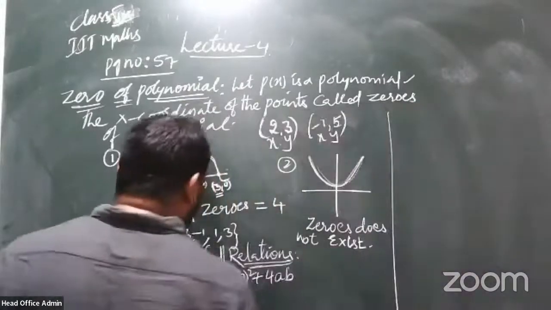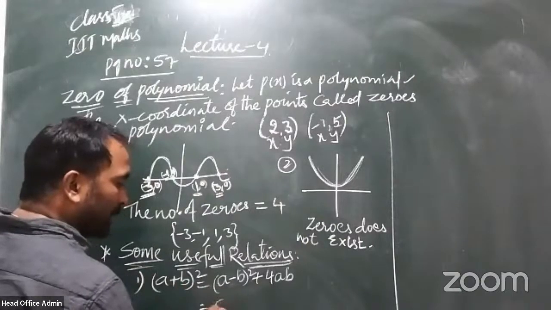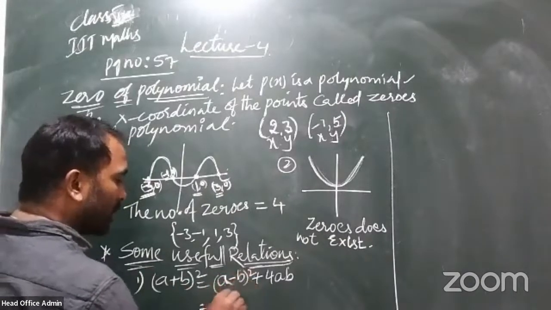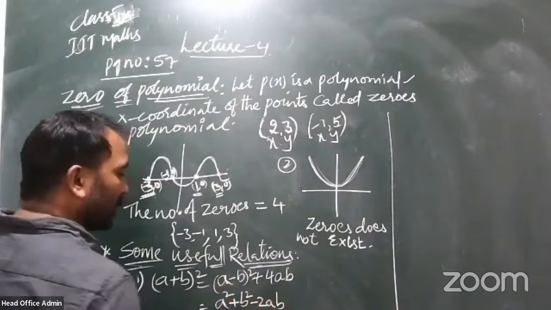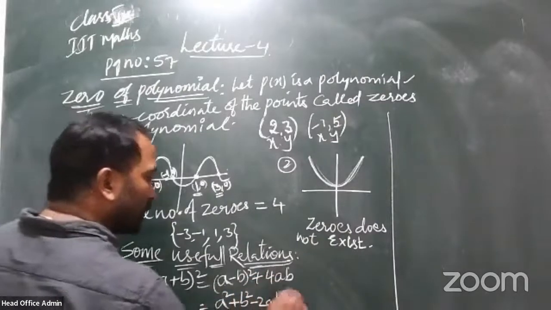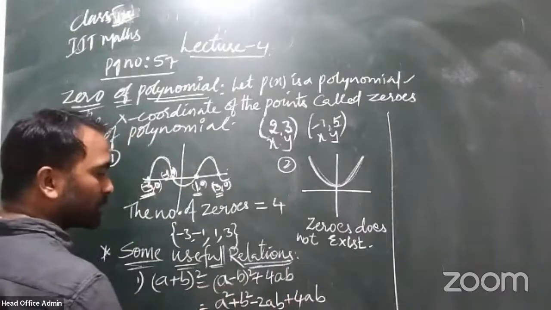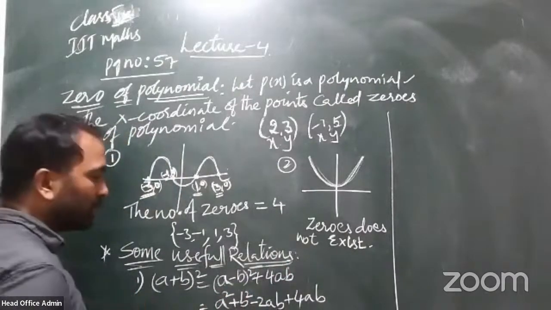See, suppose I am saying that this is one of the formulas. Let me complete this. (a - b) whole square, normal formula. What is (a - b) whole square? a square plus b square minus 2ab. And whatever plus 4ab is there, I have taken plus 4ab.